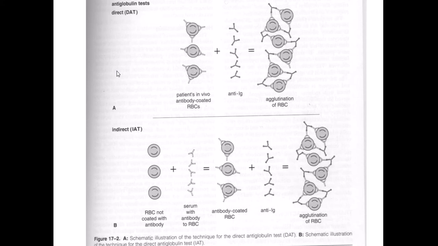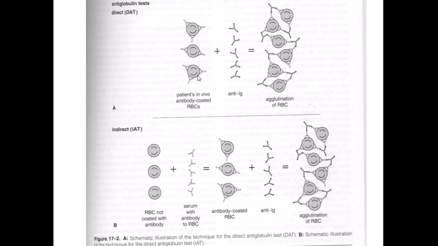So in the hemolytic disease of the newborn, the way we make the diagnosis is through a test. We call it the Coombs test. In the Coombs test, we have two types, either the direct Coombs test or the indirect Coombs test. In the direct Coombs test, we detect the sensitized red blood cells that come from the mother into the circulation during a pregnancy.